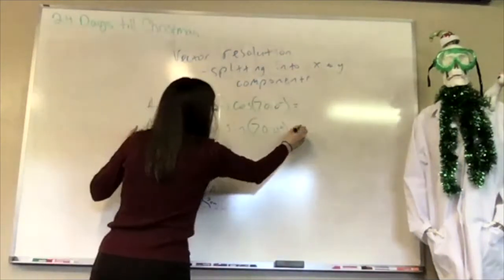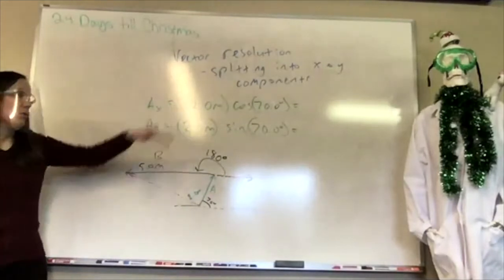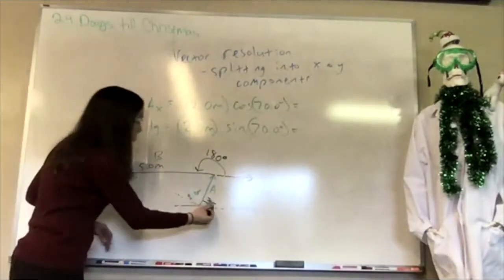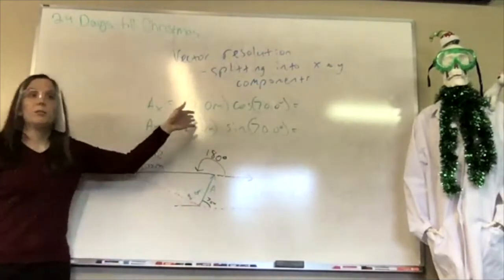So that's how you do vector resolution. That's how you split into X and Y components. When you multiply 2 meters times cosine of 70, that's how far horizontally you went. So let's go and do this really fast.